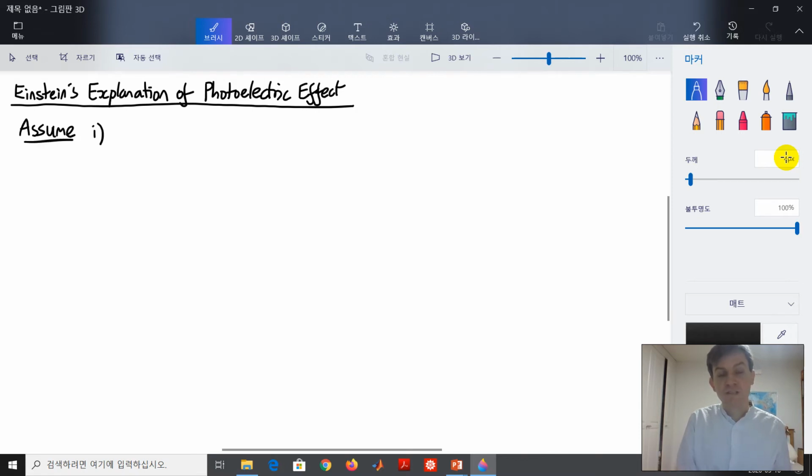First, as I've already said, you assume that these quanta of light behave like individual particles.